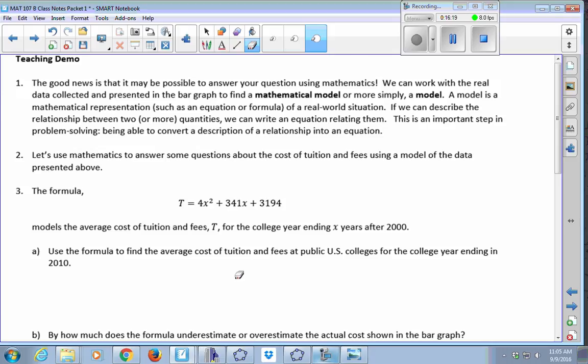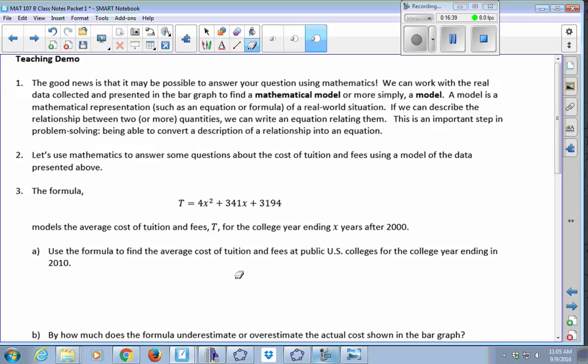We all have questions, whether that's about climate change or pollution, or in this case, the average cost of tuition and fees. So someone want to read number 1 to us, please? Yep, go ahead, Ian.